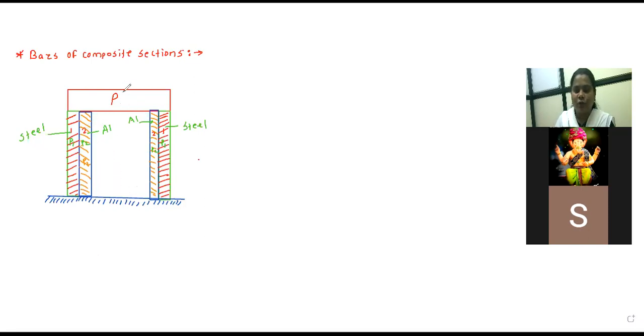Here, this is the total load. An amount of total load is applied on the section. This total load can be carried by two different materials. Therefore, total load is equal to load taken by the first material plus load taken by the second material.